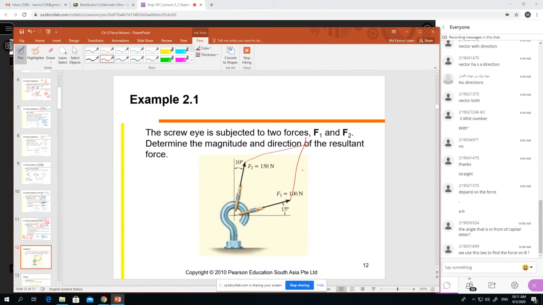Okay. Now this side has the same magnitude as this one. We can write this is 150 kilonewton. This is also 150 kilonewton.